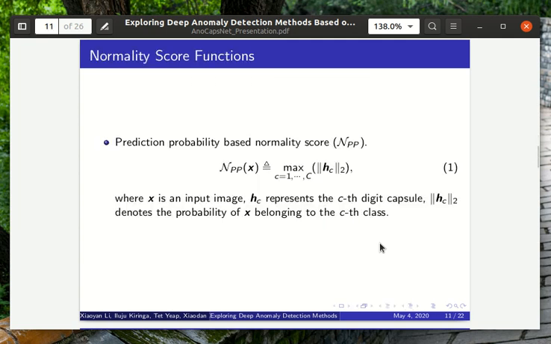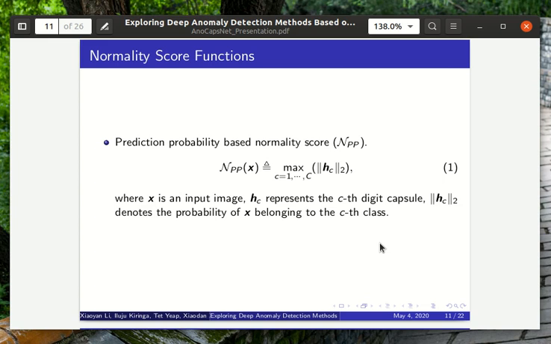In the architecture of the CapsNet, the activation probability of digit capsules at the last layer of CapsNet uses a squash function. Unlike softmax probability in a convolutional neural network, the activation probabilities of all digit capsules do not necessarily sum to 1.